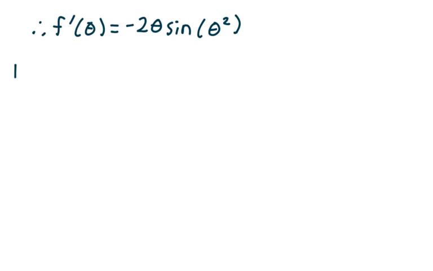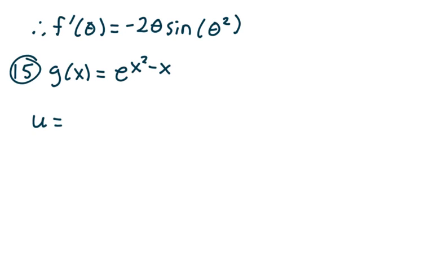Let's take a look at 15. Suppose g of x is equal to e to the x squared minus x. So I'm going to let u be x squared minus x, and then that says y equals e to the u.